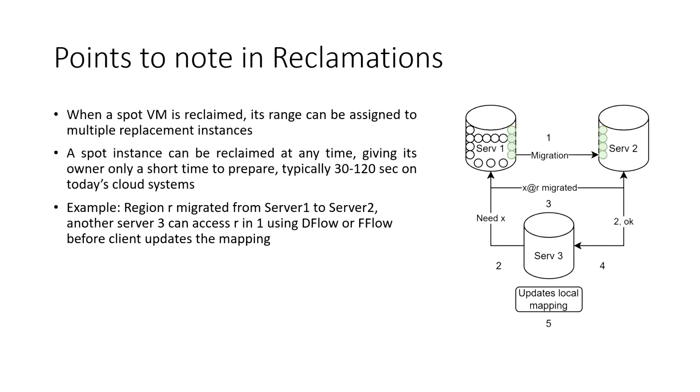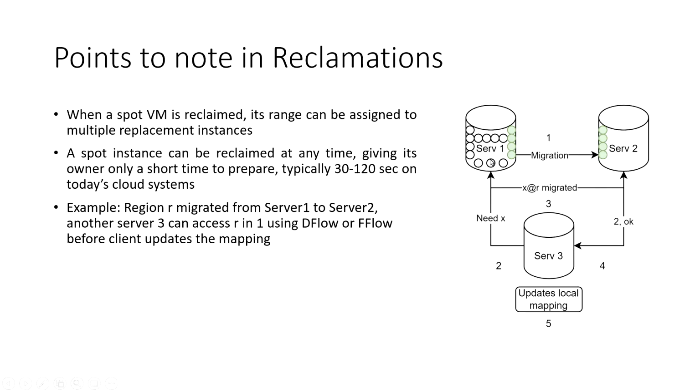And a couple of points to note here: when a server is migrating one particular region from one server to another server, some client can actually try to access that region, thinking that their local mapping shows that the region is located in server 1, and then try to reach out to that location.